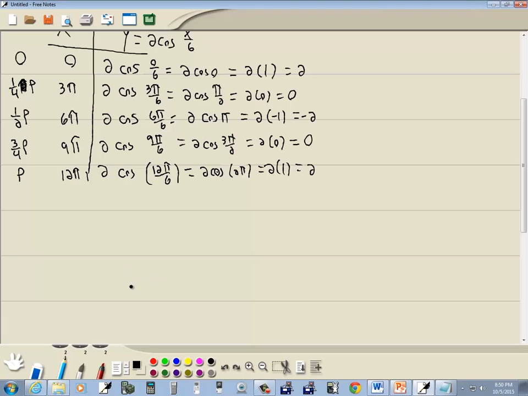Now to do our graph, I'll probably skew this a little bit. This is 12 pi. Oops. So I'll put 12 pi there. 6 pi would fall there. 3 pi.